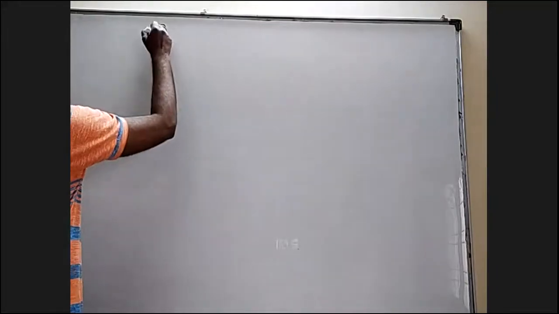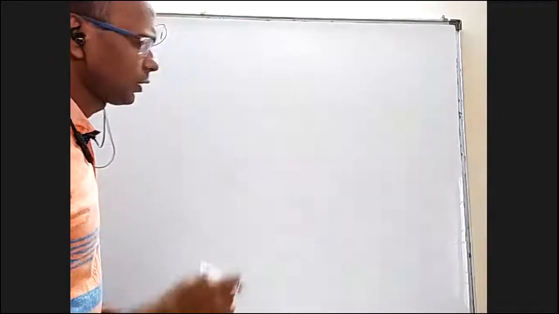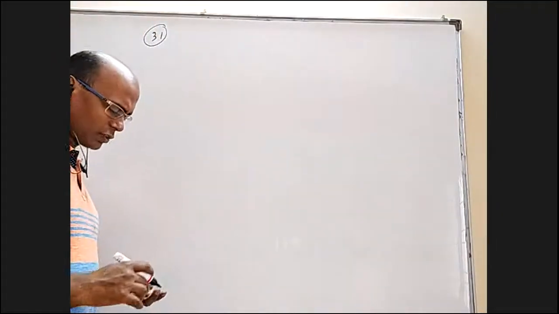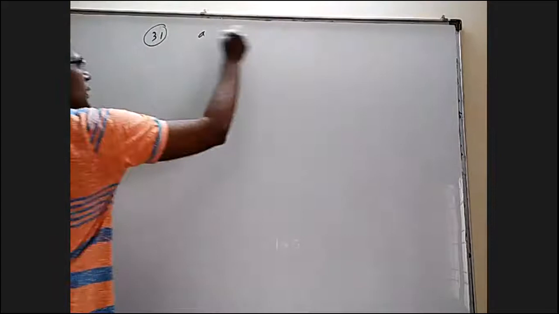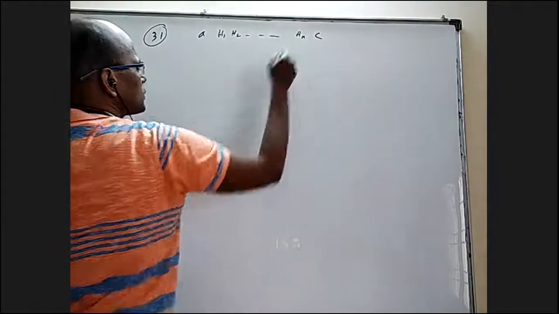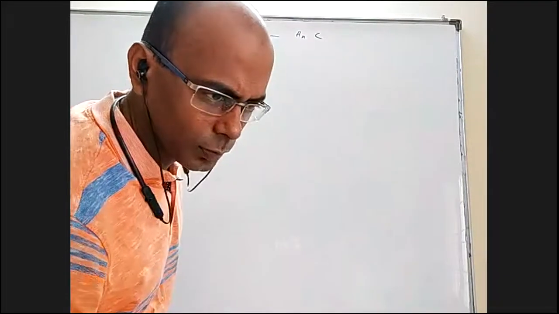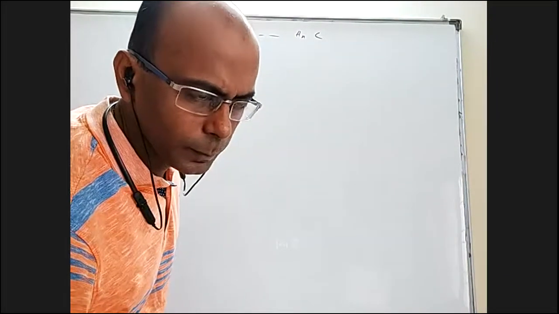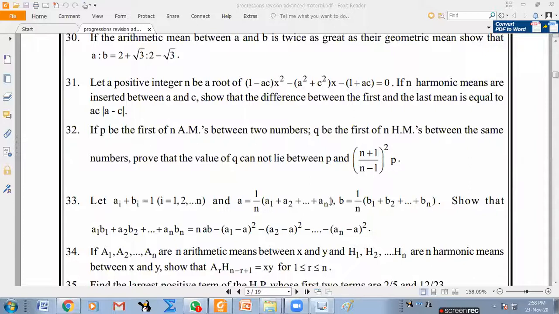Okay, 31. They want the difference between nth harmonic mean and first harmonic mean, right? So between A and C, H1, H2, so on to Hn harmonic means are inserted.